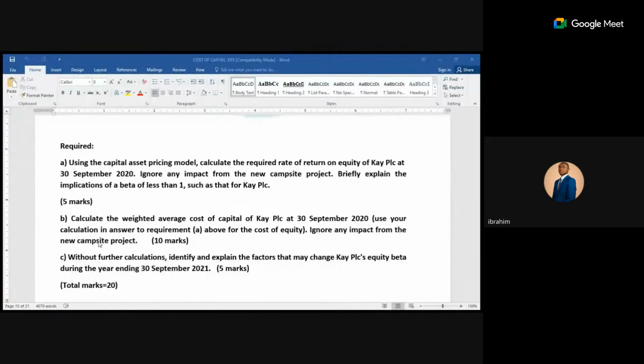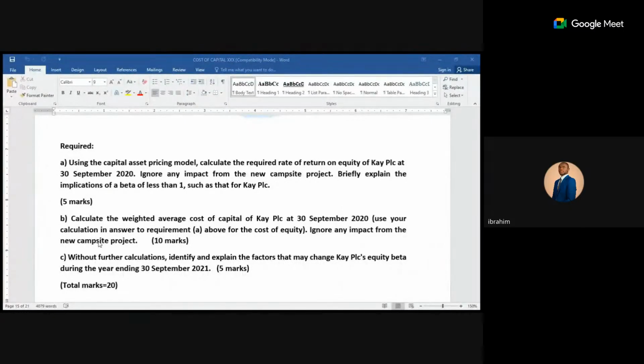The capital asset pricing model gives the minimum required return that investors are expecting. So you should not be confused about which one is the required rate of return on equity. It is the capital asset pricing model. It is equity. It is what you are expecting from your investment.